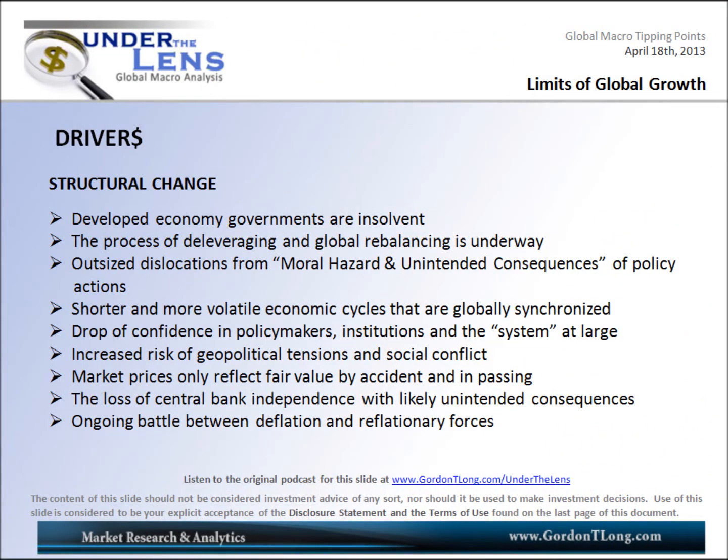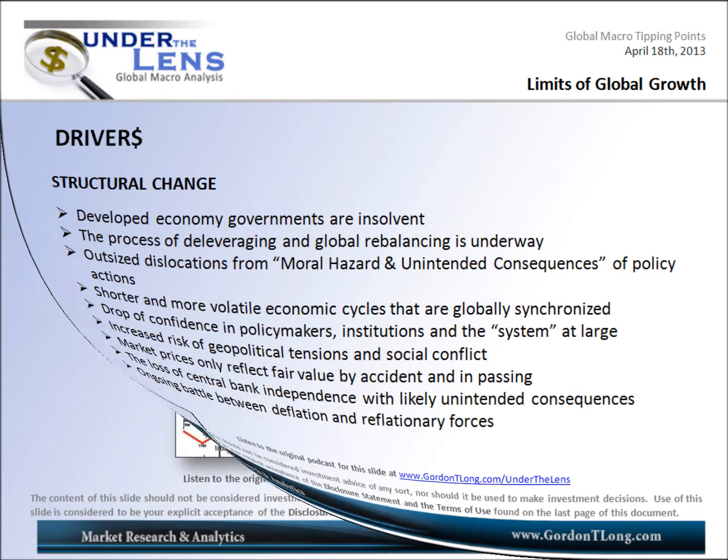So what we have is unresolved, unaddressed structural issues, and I list them here, from the developed economies being basically insolvent all the way through the list. But the biggest issue is more than just these structural issues, as big as this is. In fact, it's actually systemic. And it's best described simply as the long wave or the Kondratiev cycle.